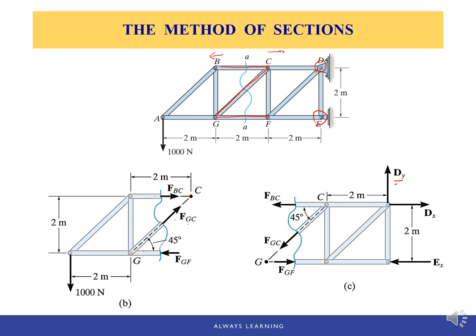We need to place two support reactions at D, and there's one support reaction at E, which is perpendicular to the supporting surface over here. In addition to that, we have the three forces we're looking for, and those are the internal forces. Again, after this section, they become externals.